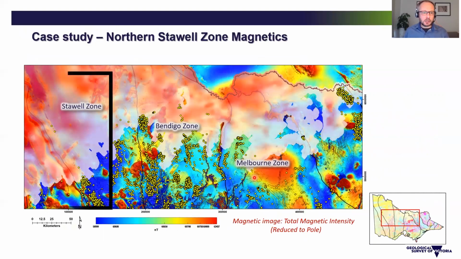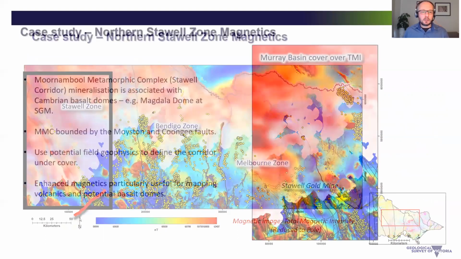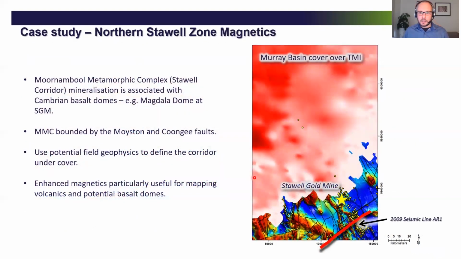And if we have another look further west in the Stawell zone, we've got another seismic line through there, the AR1 line from 2009. There it is. There's the Murray Basin cover and TMI magnetics underneath.